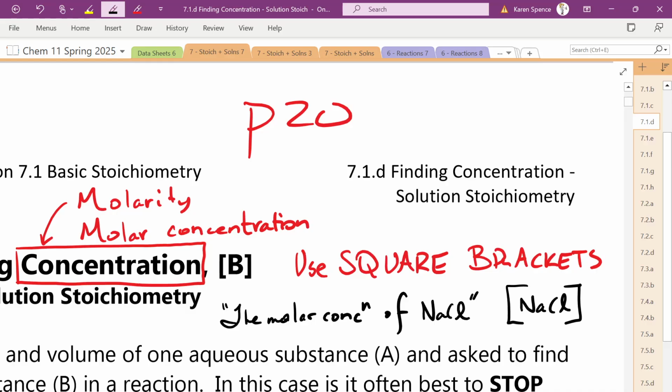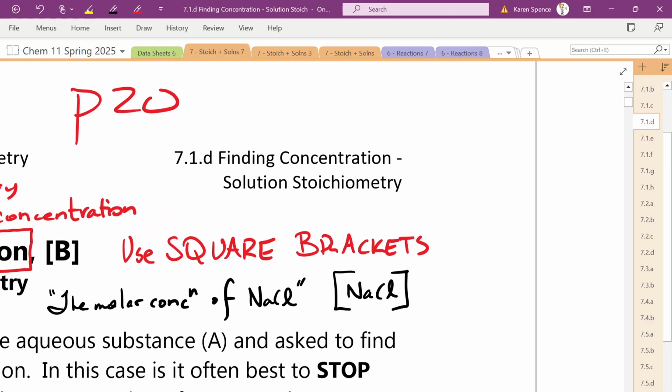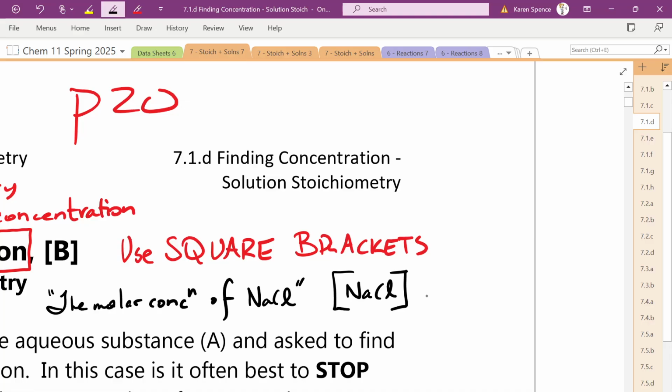And how you're going to find that, that's going to be equal to the moles divided by liters. So in order to find the molar concentration, you have to take the moles and you have to divide by the liters.